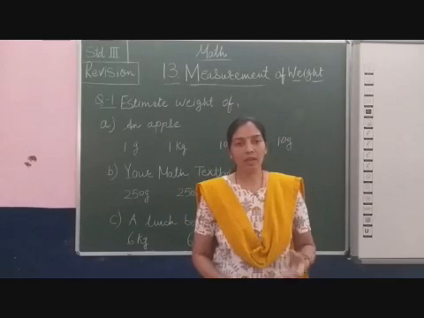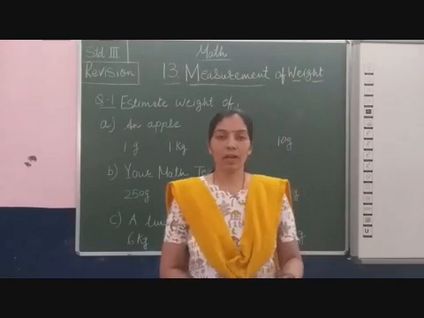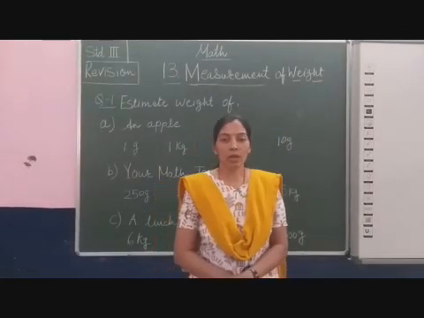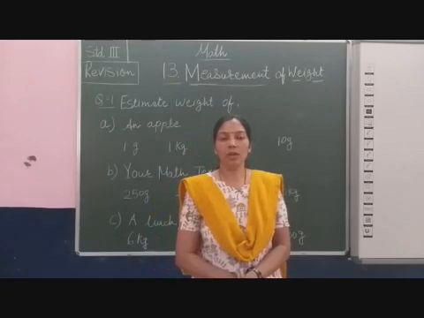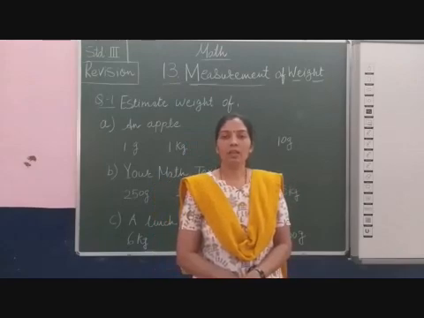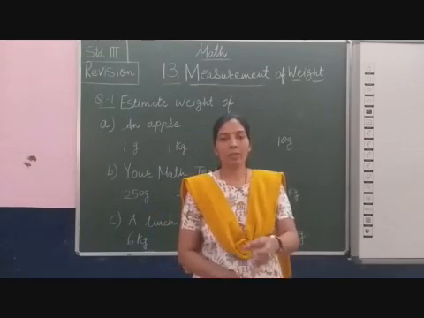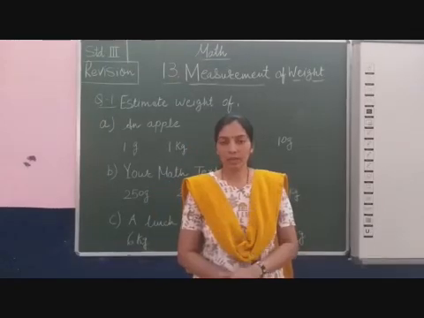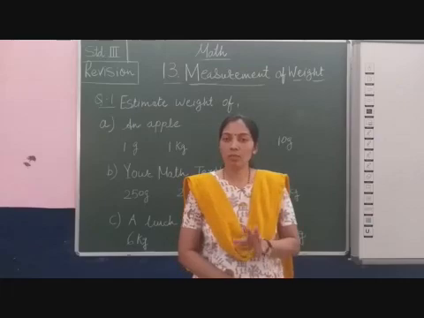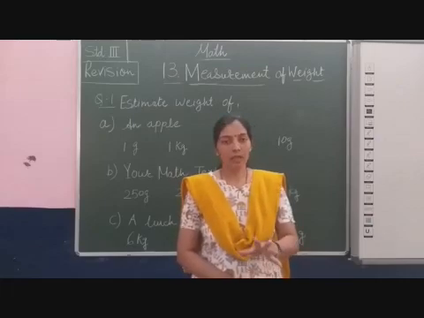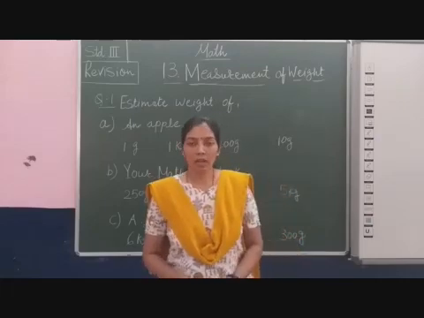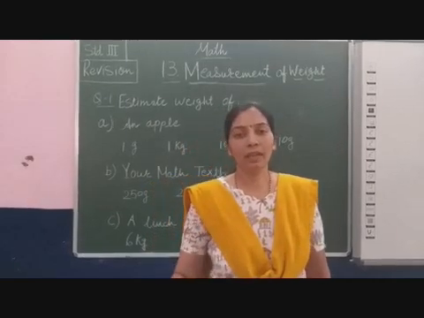Mainly, if I talk about the smallest unit of weight, there are three units: milligram, gram and kilogram. Milligram is the smallest unit, but in class 3 we learn about gram and kilogram.